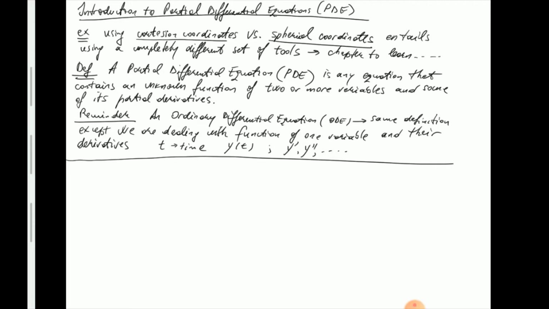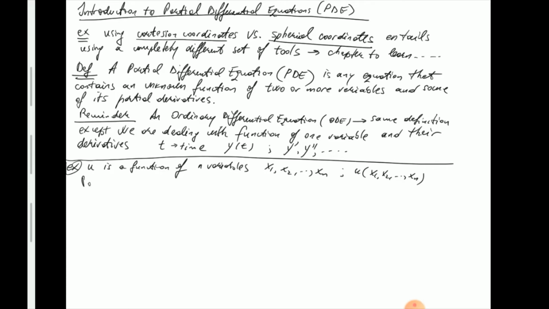So let's say u is a function of n variables, x1, x2, up to xn. So you could write u of x1, x2, up to xn. Then we have basically two different types of notations for the partial derivative.